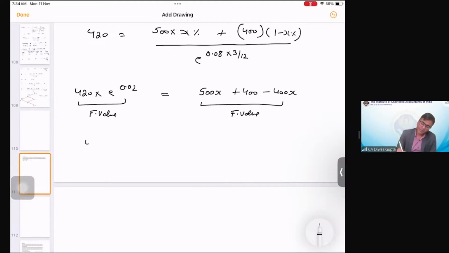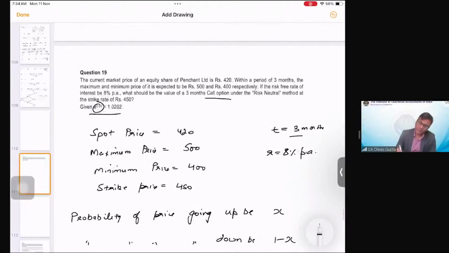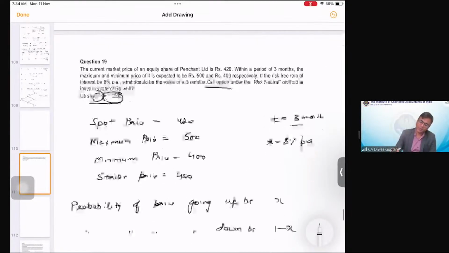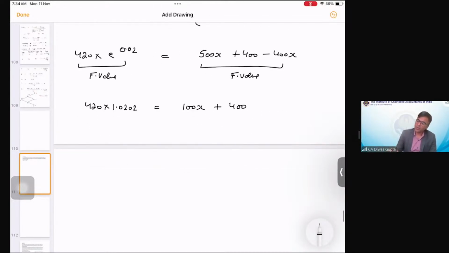Okay, so this becomes 420 multiplied by e raised to the power 0.02, which is 1.0202. This becomes 100x plus 400, right? And if we solve for this, the x will be 28.48 percentage.